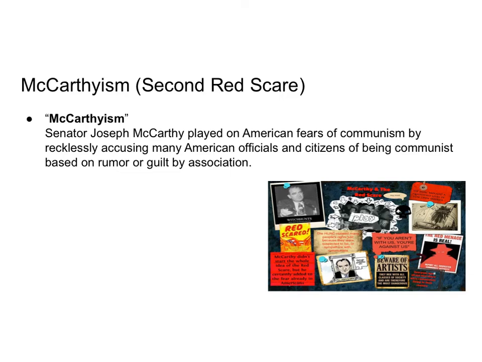McCarthyism was part of this 1950s society and lifestyle. McCarthyism was named after a senator named Senator Joseph McCarthy. And essentially, he played on the fears of communism with Americans. He accused many officials, people, of being communist with very little evidence.